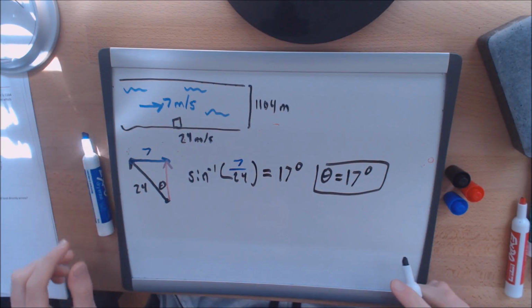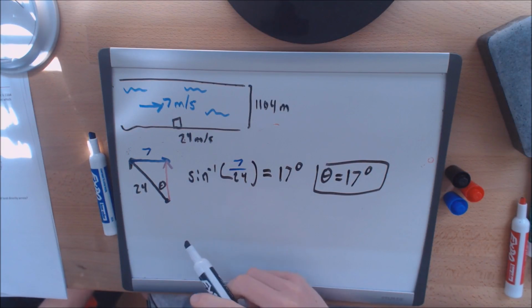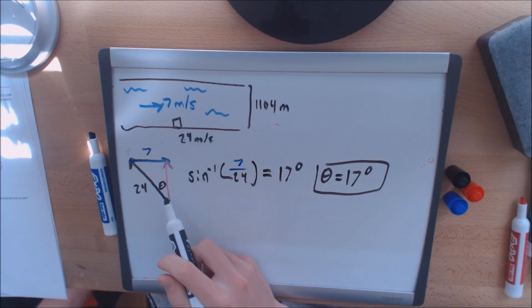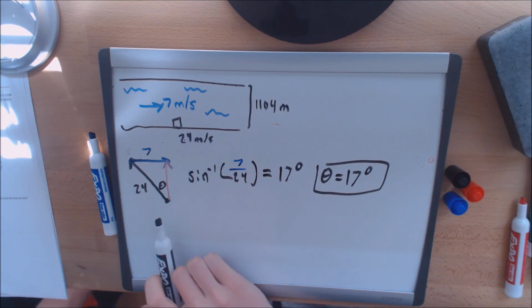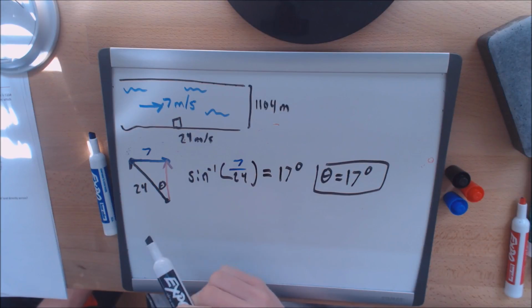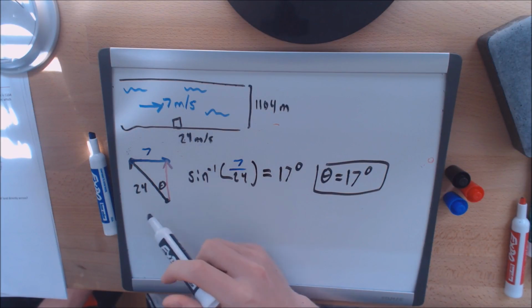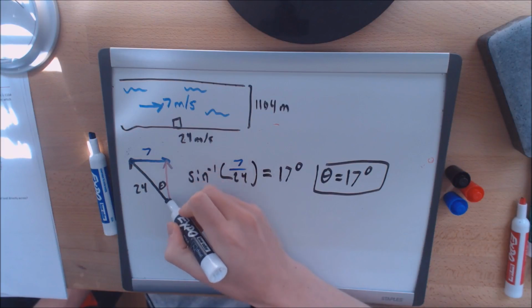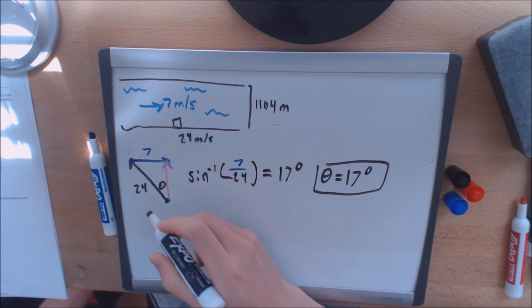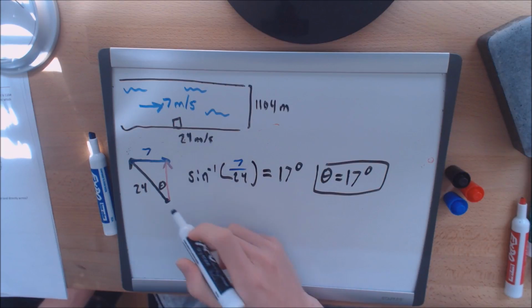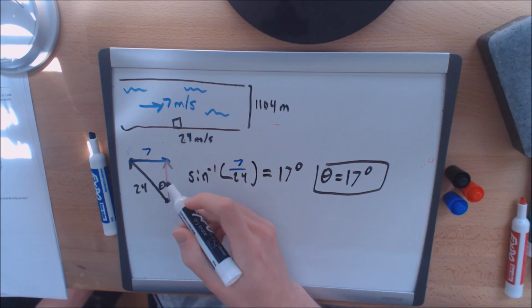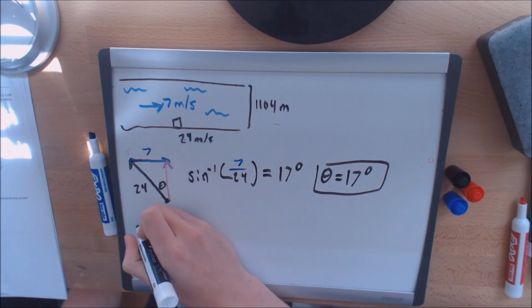Next question is, how long is it going to take to go straight across? Because now the speed we're going straight across is less than 24 because it's a side of this triangle. So in order to get the red value, the red magnitude, we're going to use the Pythagorean theorem.